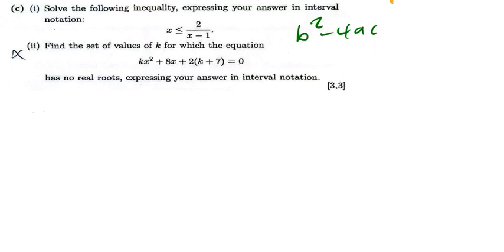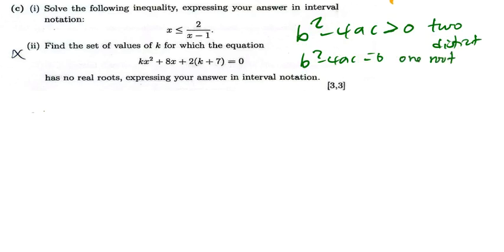Let me start with greater than. If it is greater than 0, meaning it has got two distinct real roots. If b squared minus 4ac is equal to 0, it has got only one root. If b squared minus 4ac is less than 0, then it has got no real roots.